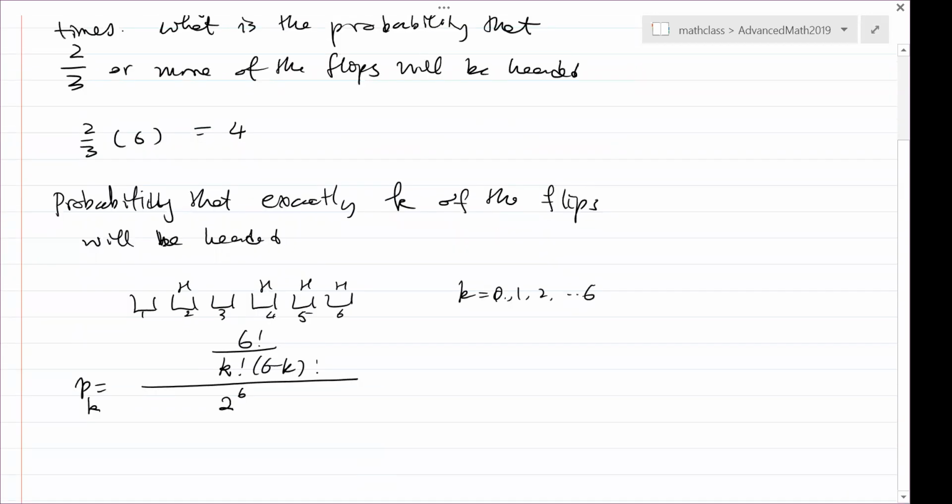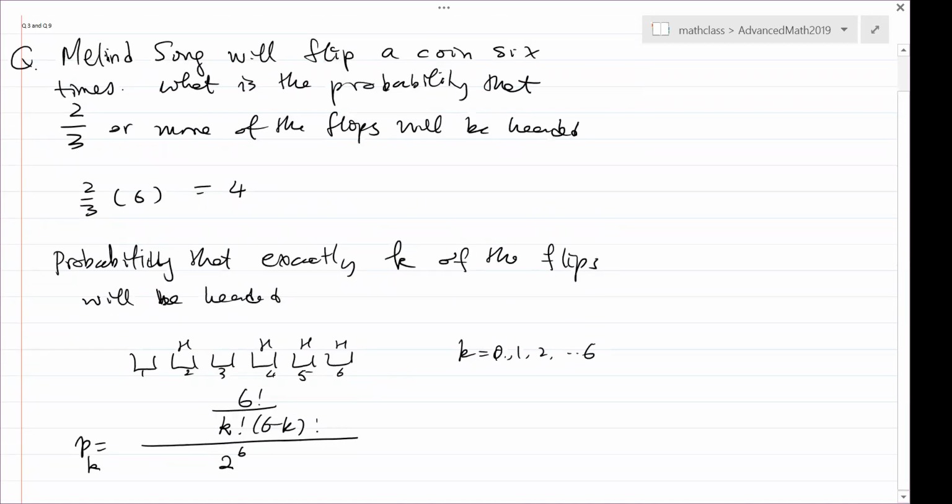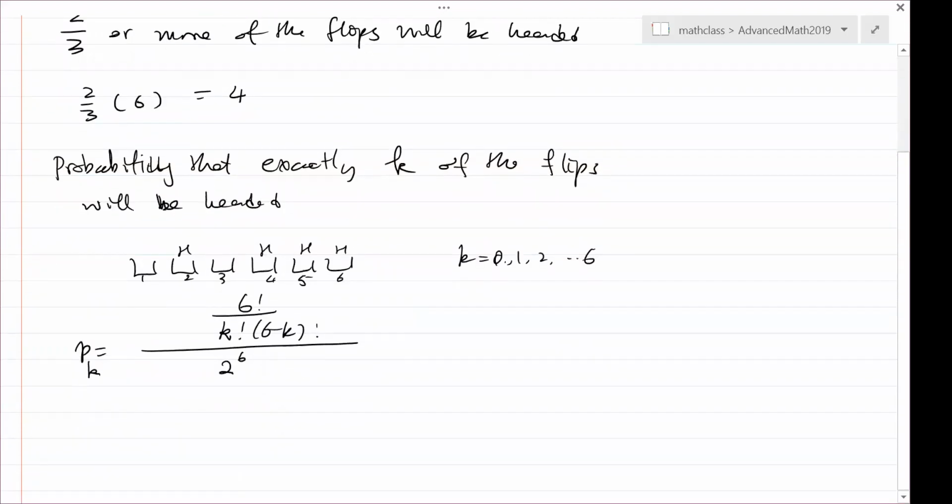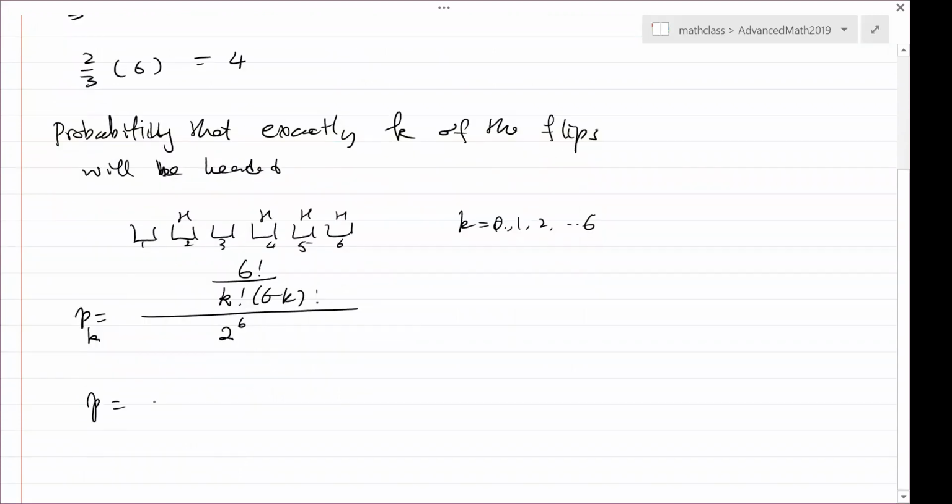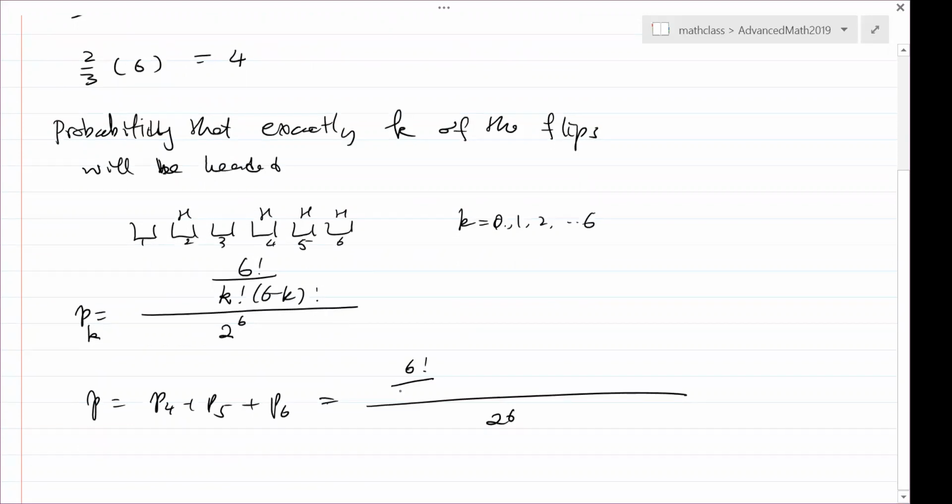Now you want the probability that at least 4 of the flips will be heads. You can have exactly 4, exactly 5, or exactly 6. So the answer will be P4 plus P5 plus P6, and all of them have the same denominator, 2 to the 6. The first one is 6 factorial over 4 factorial 2 factorial, then 6 factorial over 5 factorial 1 factorial, then 6 factorial over 6 factorial 0 factorial.